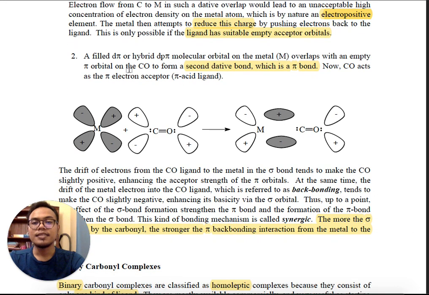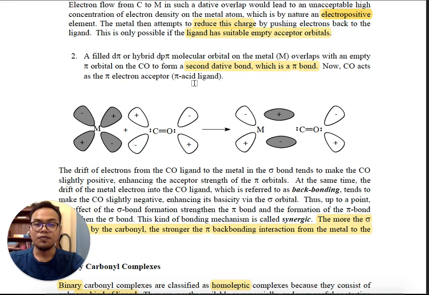In the second step, filled d pi orbitals or hybrid molecular orbitals on the metal overlap with empty pi orbitals on the carbon monoxide. So in the first step, we formed a sigma bond between sigma orbitals of your carbonyl and sigma orbitals of your metal.